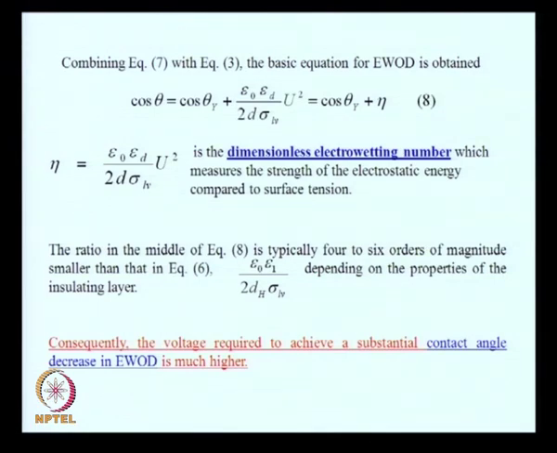Let us see now the advantages of electrowetting on dielectric. We understand that since the electrowetting number is so different from that of electrowetting, in order to effect an equal contact angle change, you need to have a very high voltage for electrowetting on dielectrics.